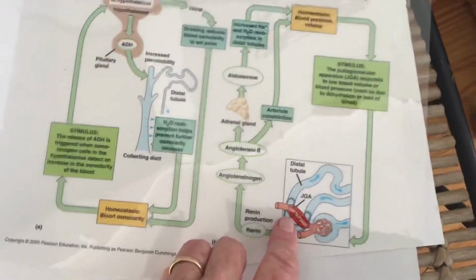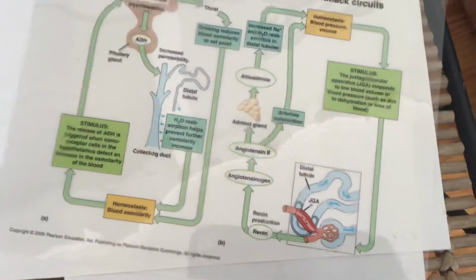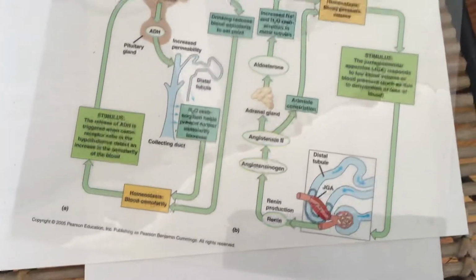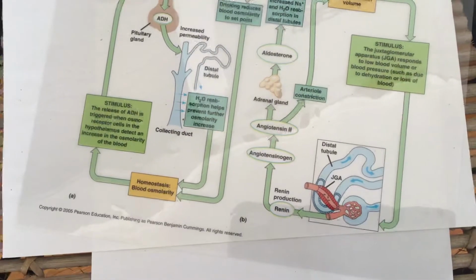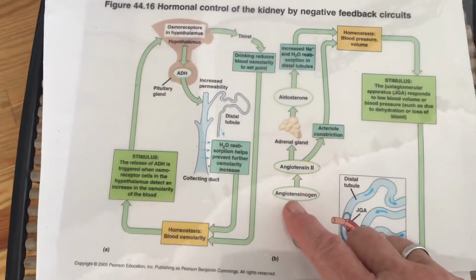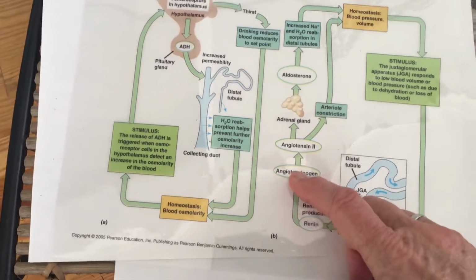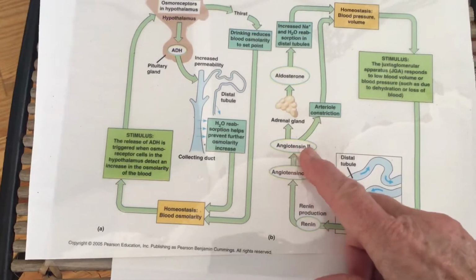Whoops, I'm sorry. And what that is, is cells that are surrounding the afferent arteriole, and they will produce an enzyme called renin. So what renin will do is cause a blood protein, angiotensinogen, to turn into angiotensin II.